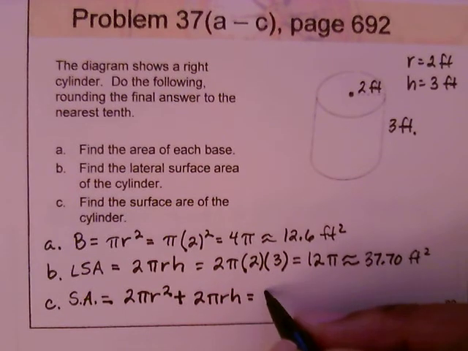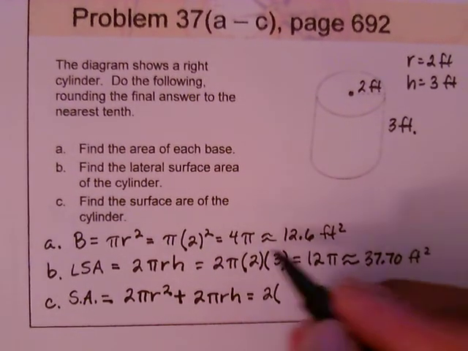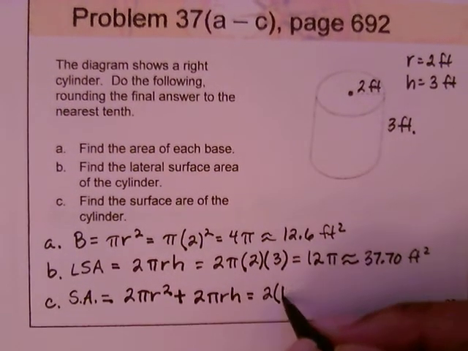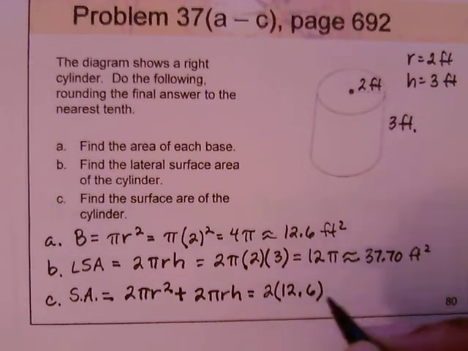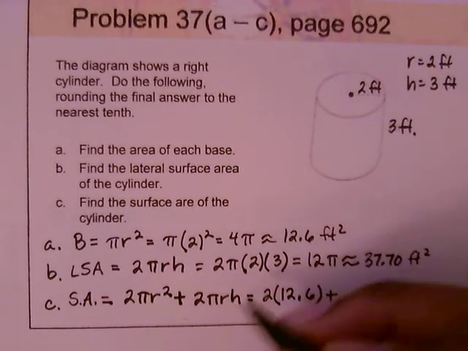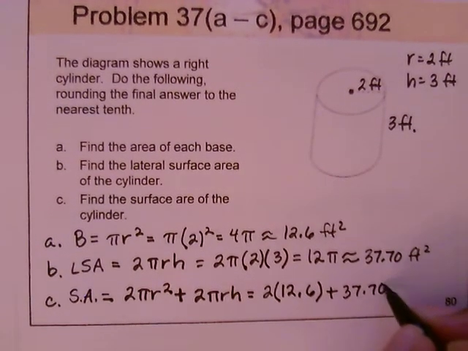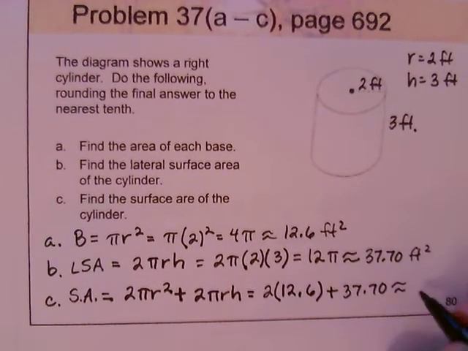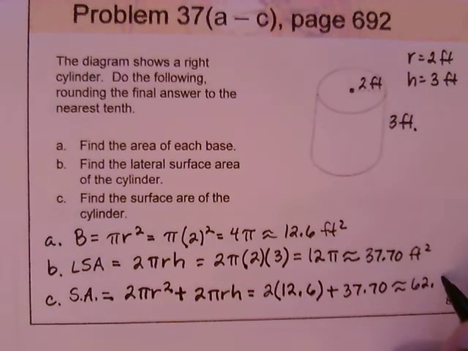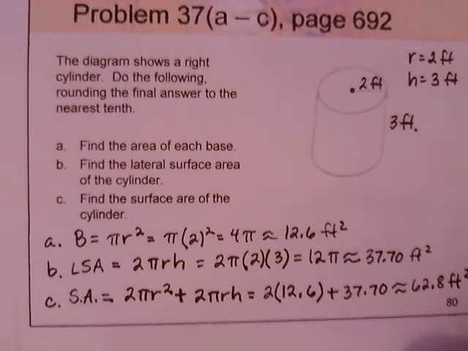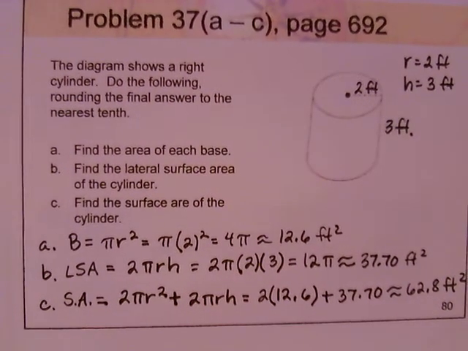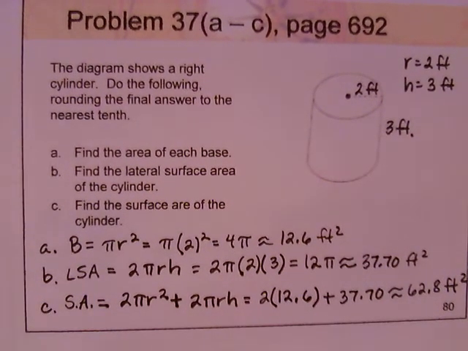So this will be 2 times what pi r squared was, 12.6, plus what 2 pi r h came up with, 37.70. And this will be approximately 62.8 square feet. Okay, that would be the surface area of that particular cylinder.